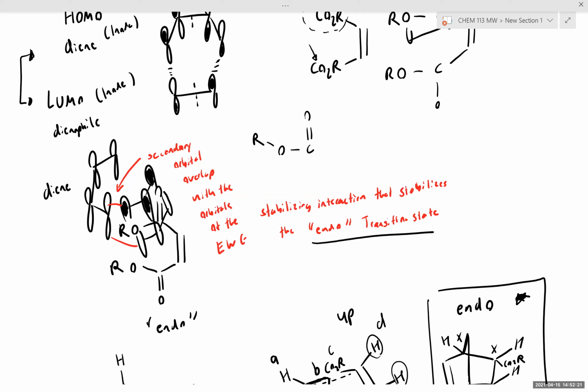Okay, so does everyone understand why the endo approach, when your diene approaches to maximize these secondary orbital overlap interactions with your electron withdrawing groups, is favored? And why this endo transition state is partially stabilized and favored in the Diels Alder reaction?